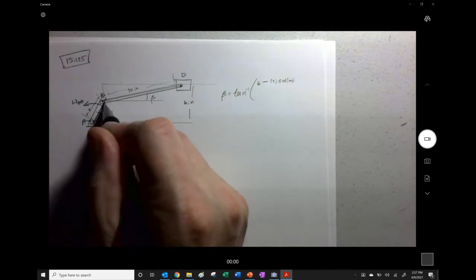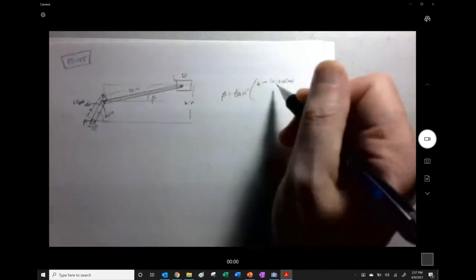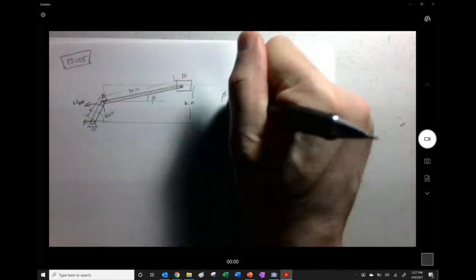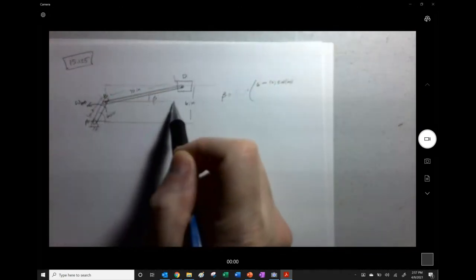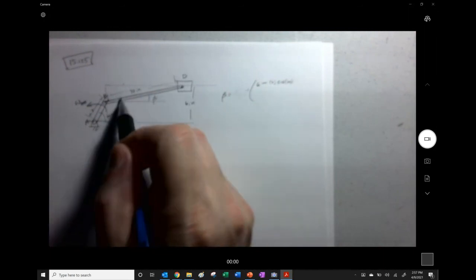Oh, no, I should make it inverse sine, right?